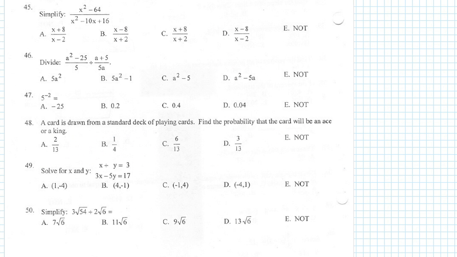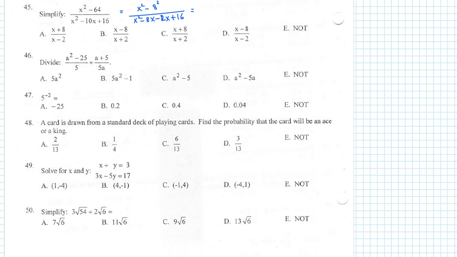Question 45, simplify this expression. So the numerator over here is x squared minus 64, which is nothing but x squared minus 8 squared. The denominator can be factorized as x squared minus 8x minus 2x plus 16.